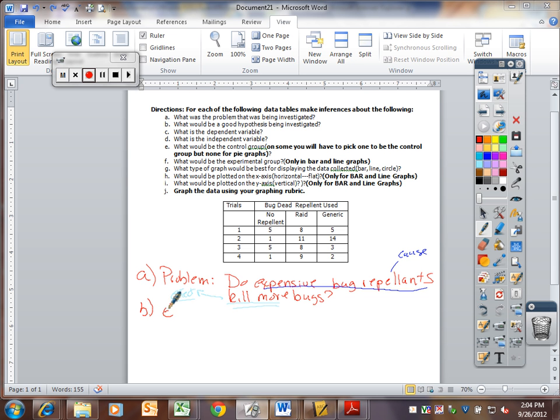So expensive bug repellent brands will kill more bugs.